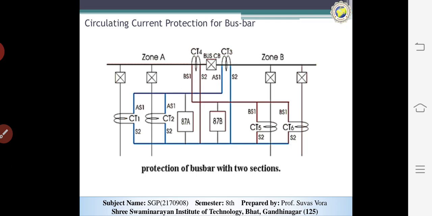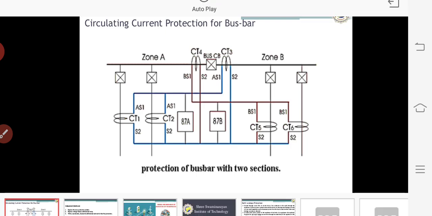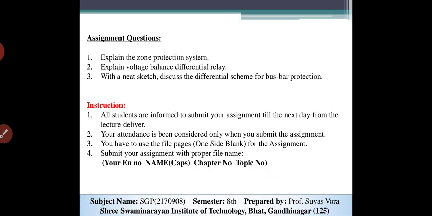So this is the basic difference between the simple current protection system for the bus bar and the circulating current protection system.